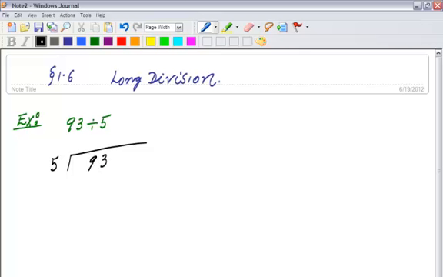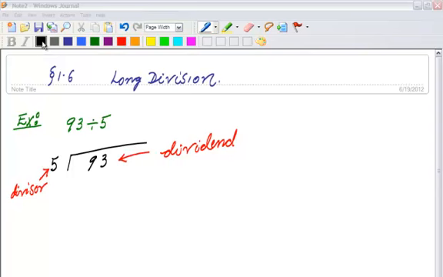So 93 here, that's what we call the dividend. We are dividing 93 by 5, so 93 here is called the dividend, and the 5 here is called the divisor. So you divide a dividend by a divisor. Okay, going back to dividing 93 by 5.